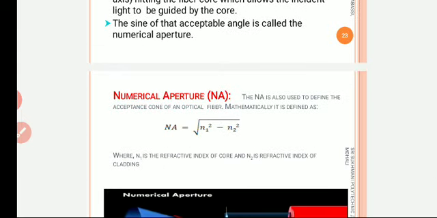And numerical aperture is given by the formula NA is equal to the square root of n1 square minus n2 square, where n1 is the refractive index of the core and n2 is the refractive index of the cladding. So the numerical aperture will define the acceptance cone.